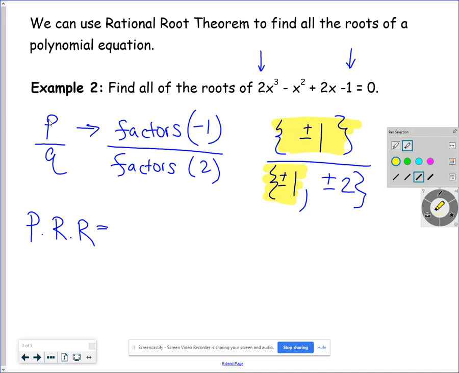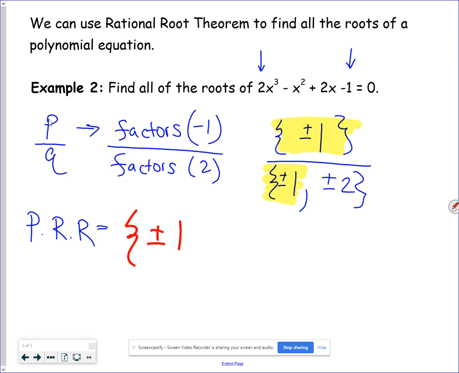So we're going to put 1 over 1 and then reduce. 1 over 1 reduces down to just 1. So we have positive and negative 1. Now I'm going to take my positive and negative 1 on top, and put it over positive and negative 2, and then reduce. So 1 over 2 reduces down to 1/2.